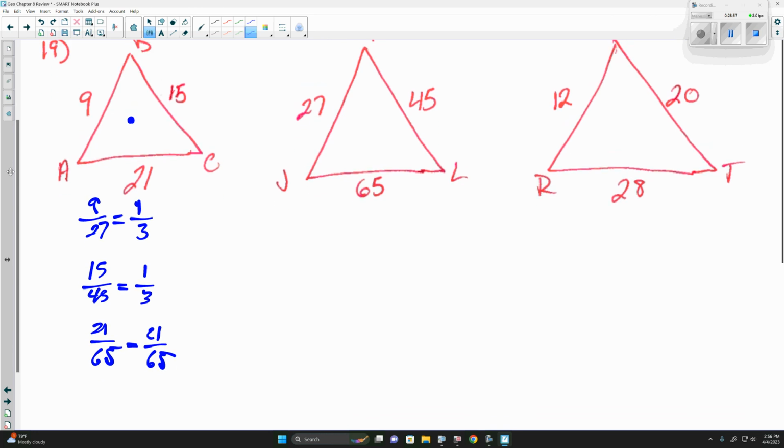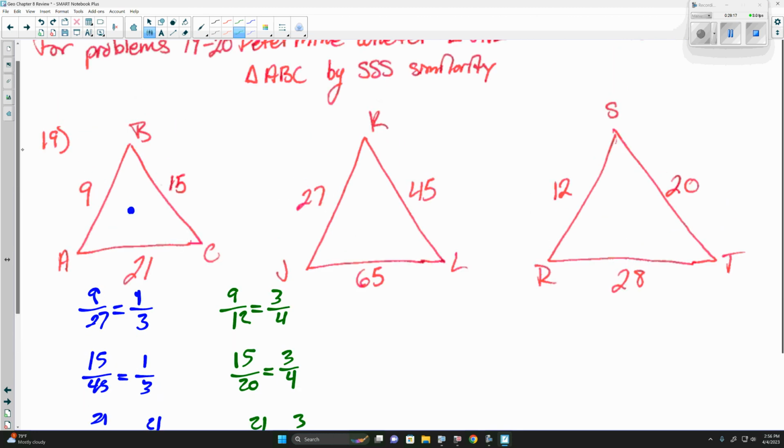Then we can do the same thing, but this time with 9 over 12, 15 over 20, and 21 over 28. 9 over 12 is 3/4, 3/4, and 3/4.